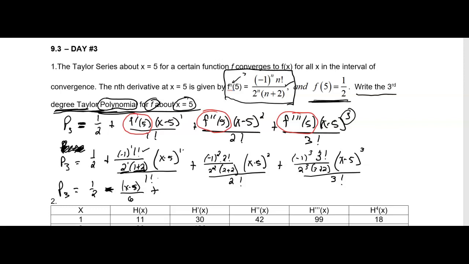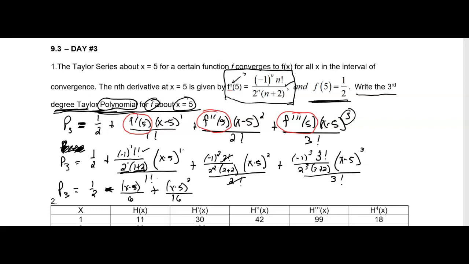This 2 factorial would cancel out that 2 factorial, so those would go away. We would then just have an x minus 5 squared. Our denominator is what? 4 times 4, so 16.